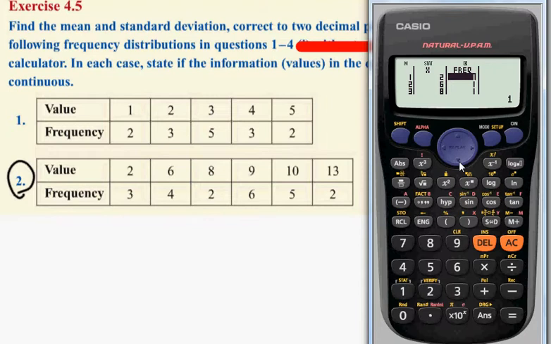Would you agree with that? 8 people got a score of... Oh, sorry, 2 people got a score of 8. 6 people got a score of 9. So you got to input these numbers here as well. So 3, 4, 2, 6, 5 and 2. Okay, press your AC button.